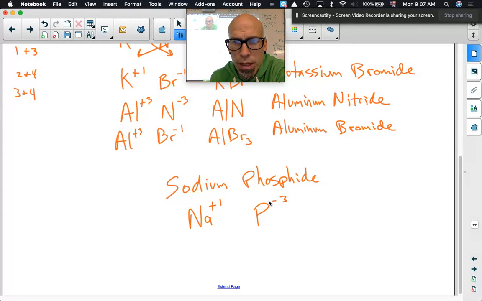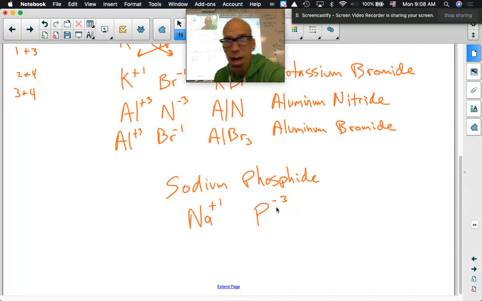If those two things are going to combine to make a neutral compound, then we have to have what? We have a -3 over here, but we only have a +1 over here. We need 3 of the +1s to cancel the -3 of phosphorus. So it's going to take 3 sodiums to only 1 phosphorus.